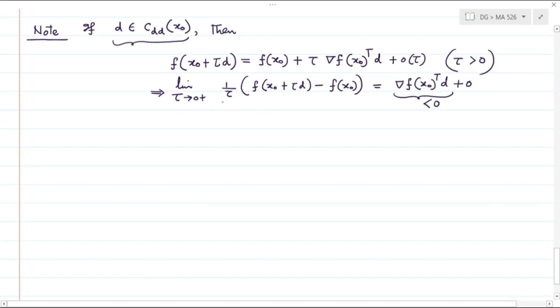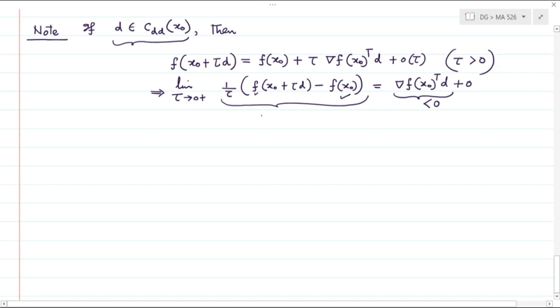Here, since f is continuously differentiable, f of x0 plus tau d is a continuous function of tau, but even forgetting continuity, at least the limit exists.